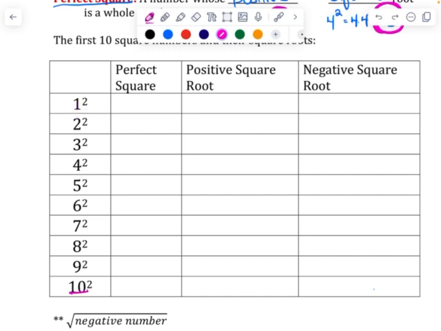So 1 squared is, of course, 1. 2 squared, in the calculator you could do 2 to the second power, is 4, and so on and so forth. Please go ahead, hit pause, and then come back and compare your answers with mine.